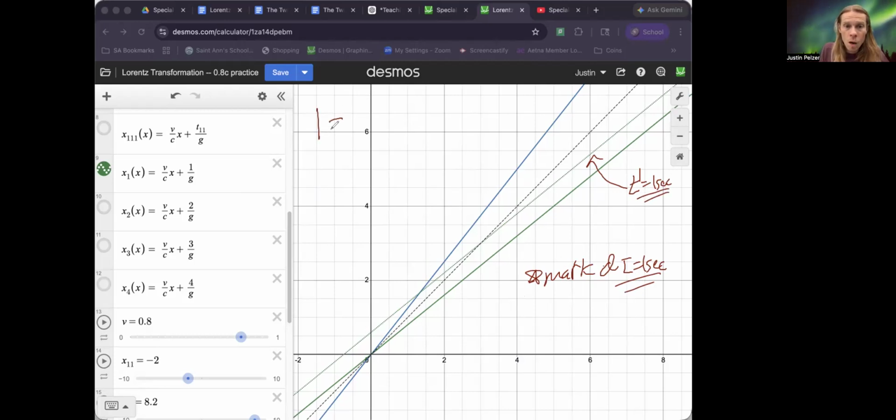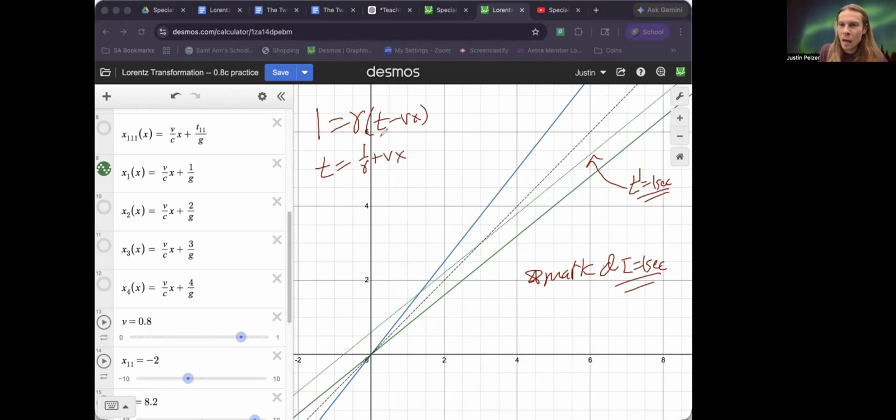That's where you plug in 1 equals gamma (t minus Vx), and you solve for t. You should get t equals 1 over gamma plus Vx.